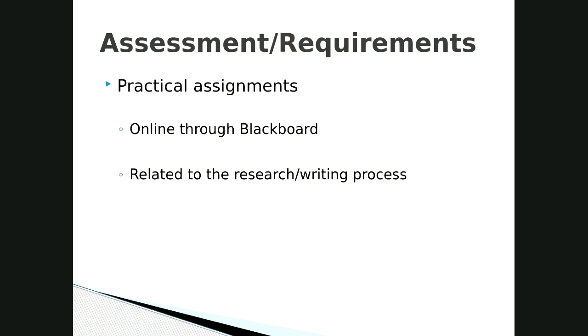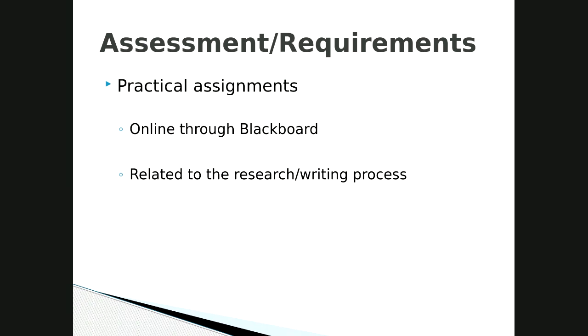As I mentioned already, the practical assignments are meant to help you understand what you need to do in the research and writing process. They will be assignments spaced throughout the course, available on Blackboard, that will be similar to what you will need to do in the research process.